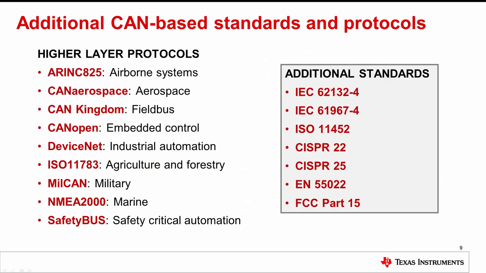There are many additional CAN-based standards and protocols. Higher layer protocols govern aeronautical, agricultural, embedded, industrial automation, military, marine, and safety critical applications. Each of these higher layer protocols also have additional test standards that govern EMC and ESD.